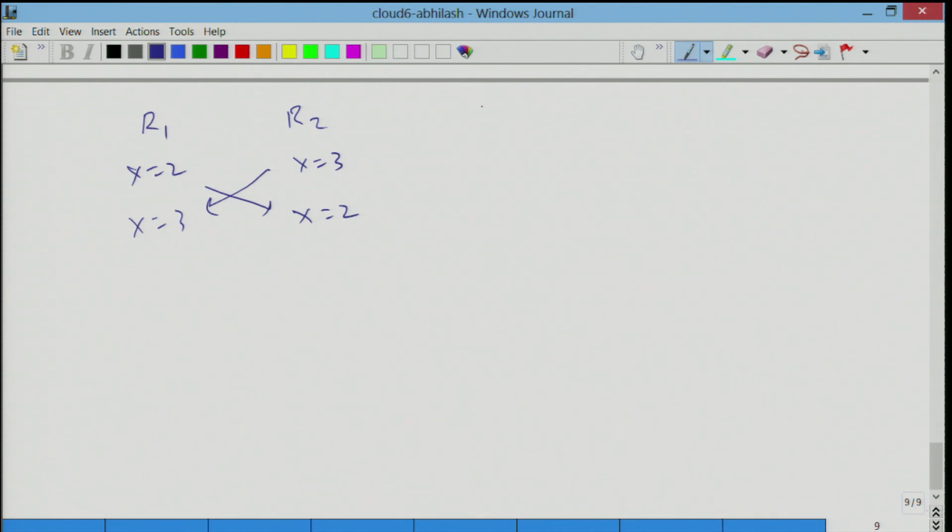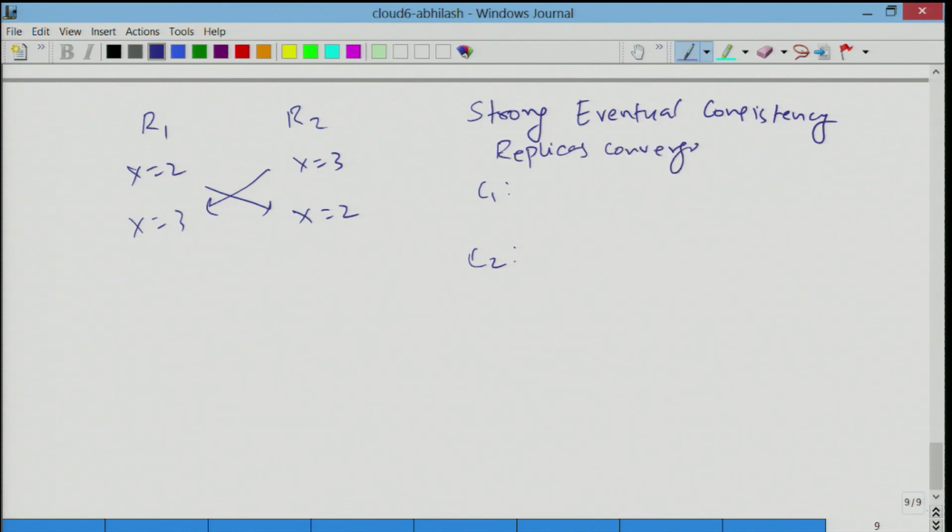So we need to define what we want, right? So we want what is defined as strong eventual consistency. Right, so this basically says that the replicas should converge, right? Replicas converge. So note that this is different from sequential consistency.